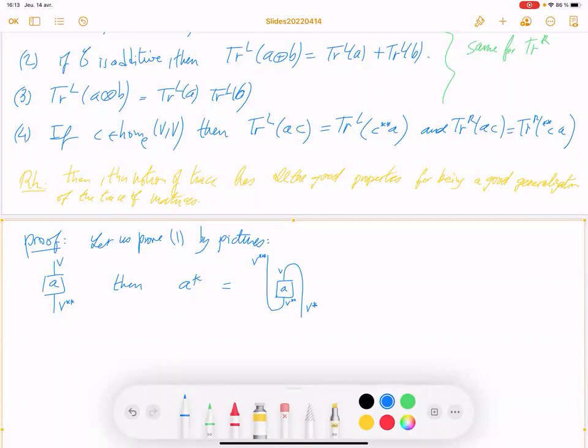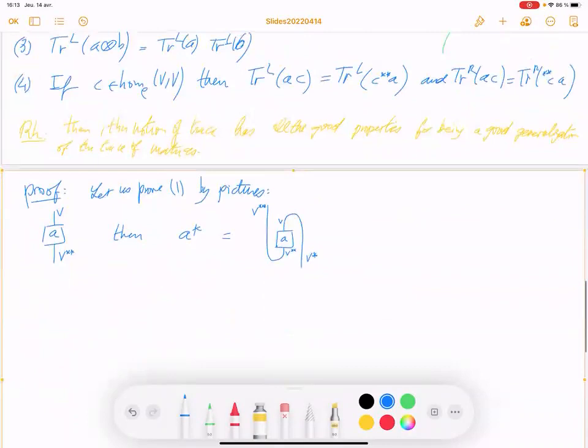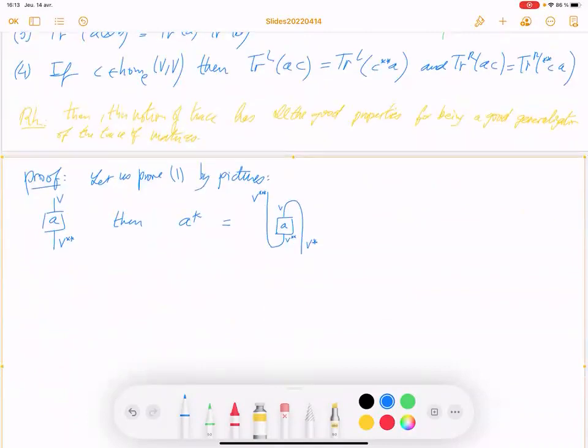So now we will apply the right trace on that. So you take U to be the double dual of V, then we know that the double right dual of U is V double dual.